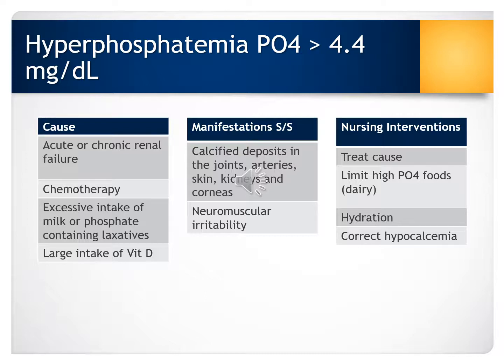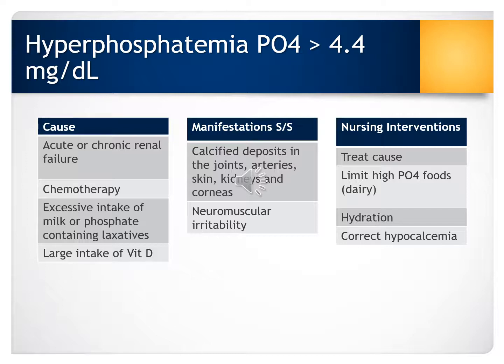Those who have excessive intake of milk or phosphate-containing laxatives, and those who have a large intake of vitamin D. And this is because a large intake of vitamin D increases the absorption of phosphorus from their diet. Signs and symptoms of hyperphosphatemia can include calcium deposits in the joint, arteries, skin, kidneys, and cornea. They also may have neuromuscular irritability.